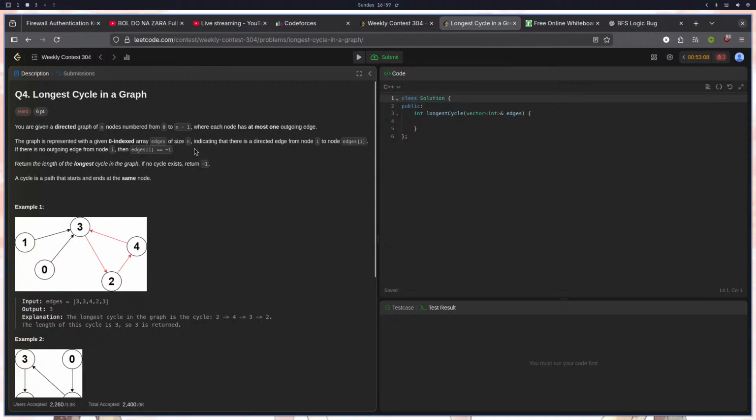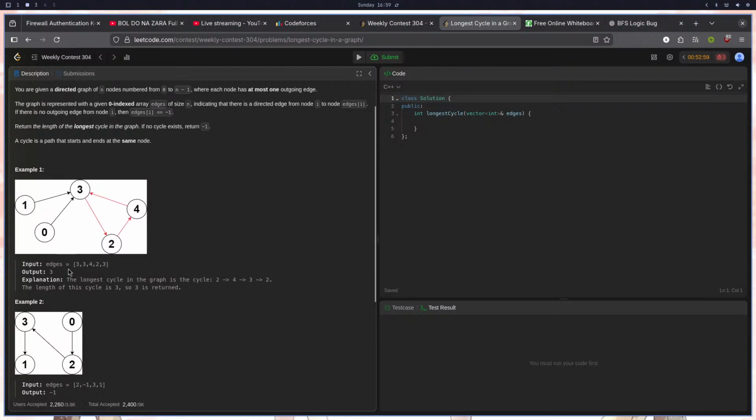Return the longest cycle. लॉन्गेस्ट साइकिल का क्या होता था भाई यार, मैं भूल गया। लॉन्गेस्ट साइकिल का DFS इज... ठीक है, आई डोंट नो भाई, बट लेट्स ट्राई। Equal to dot size, वेक्टर ऑफ वेक्टर.